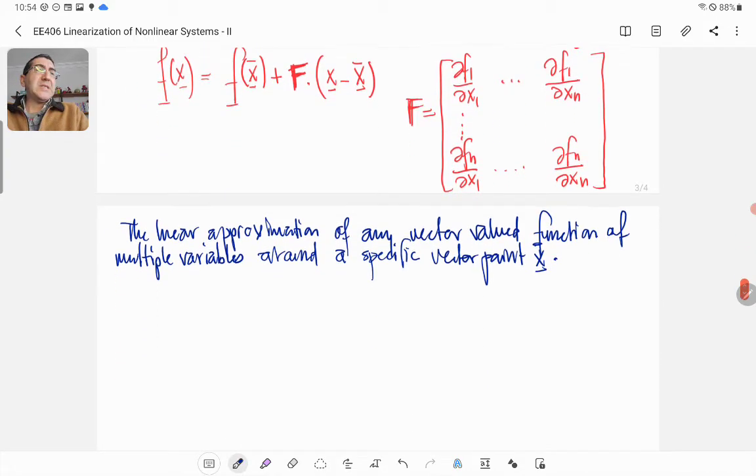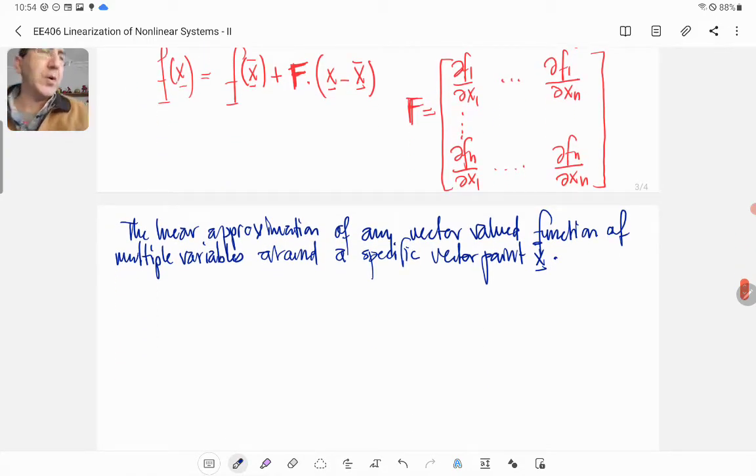Okay, so this is not specific to state space systems yet, but it's general for any vector valued function of multiple variables. So if you want to find a linear approximation to any such function, you can use the Jacobian matrix representation.